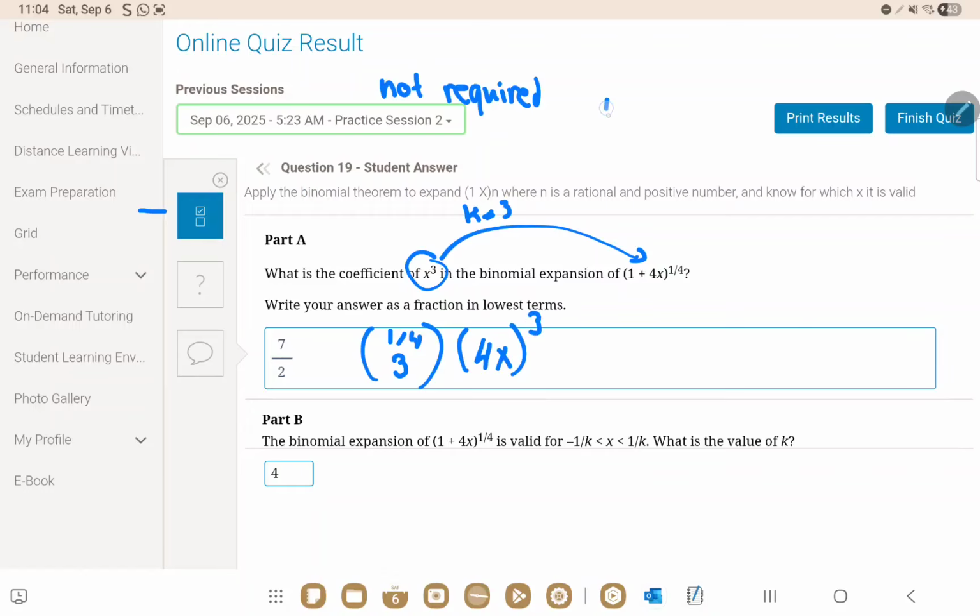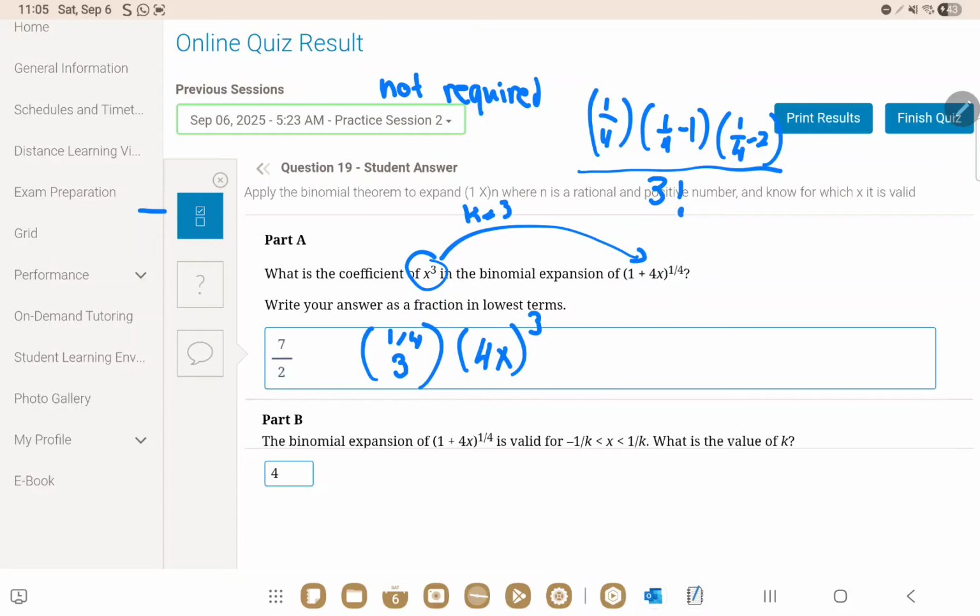Now 1 over 4 times 1 over 4 minus 1 and 1 over 4 minus 2, because you have 3 at the bottom, all over 3 factorial. Solve it on your calculator.